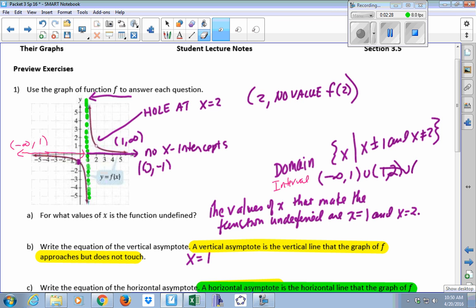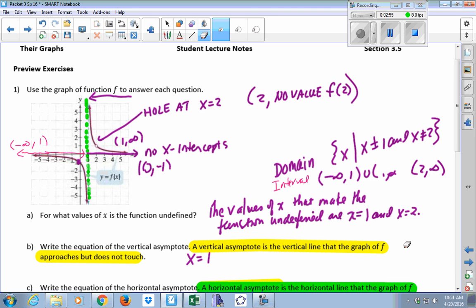And then it would be 2 to infinity, right? Okay. Liam? Well, that's why we're using parentheses, because 2 can't be included. So when we don't include the numbers, that's when we use the parentheses. Okay? It's sometimes easy to get them mixed up.